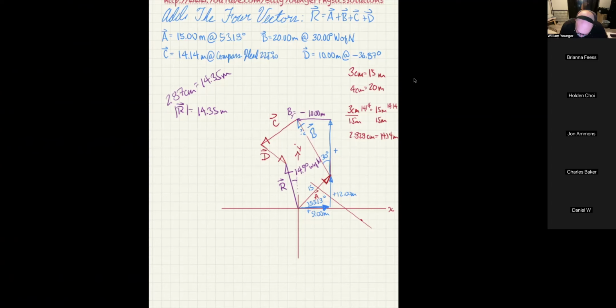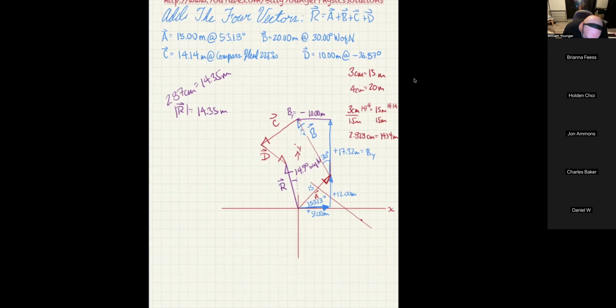And then 20 meters times the cosine of 30, and that should give you 17.32. And that is B sub y.